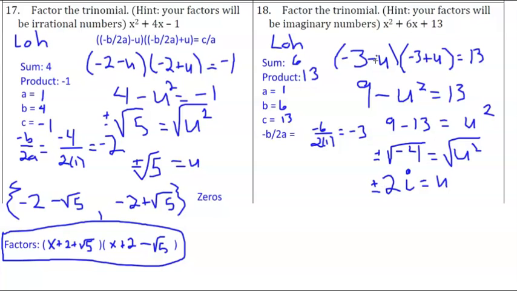From there, we'll plug it back in to get our zeros. We have negative 3 plus 2i and negative 3 minus 2i. That's our zeros. To get our factors, we just change the sign.